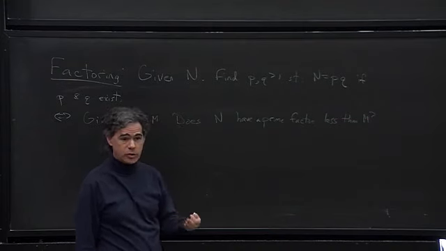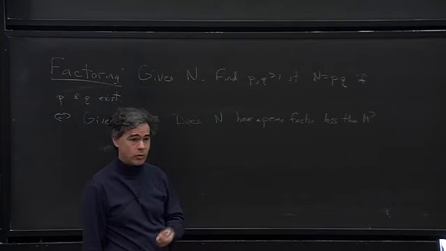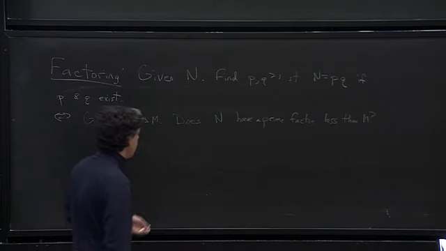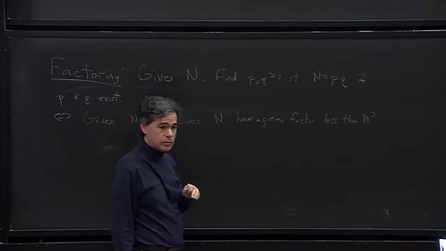And how many times do you need to do this before you've narrowed it down to the exact factor, or at least a very small range where you can just divide in? Well, that's roughly log of big N times.